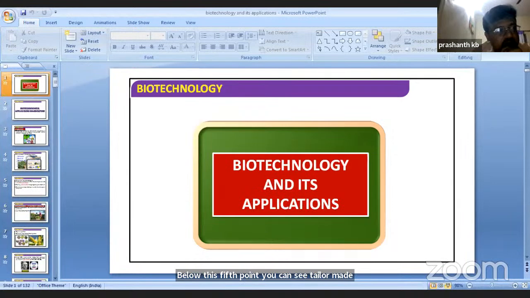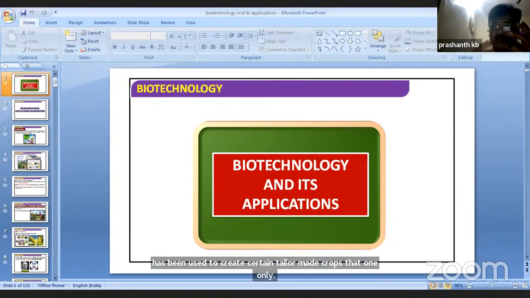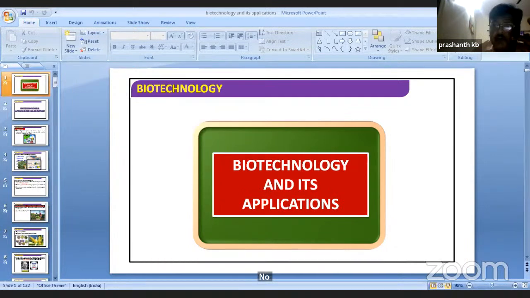In addition to these uses, genetically modified organisms have been used to create certain tailor-made crops. Now capsicum was normally green in color, now yellow and red. Same variety, same species, only color difference for attraction.